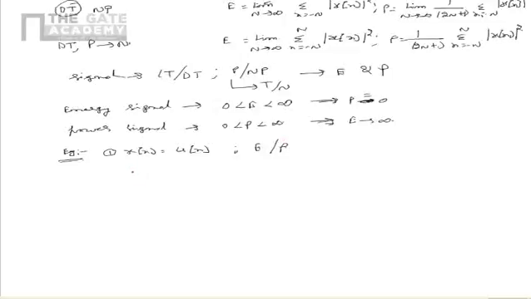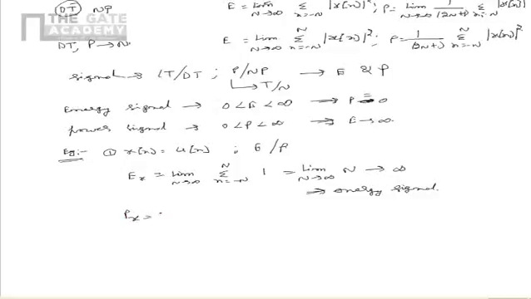So the energy of the signal E_x is given as limit N tends to infinity sigma n equal to minus N to plus N of 1. So this would be equal to limit N tends to infinity N, which would tend to infinity. So the signal is not energy signal.